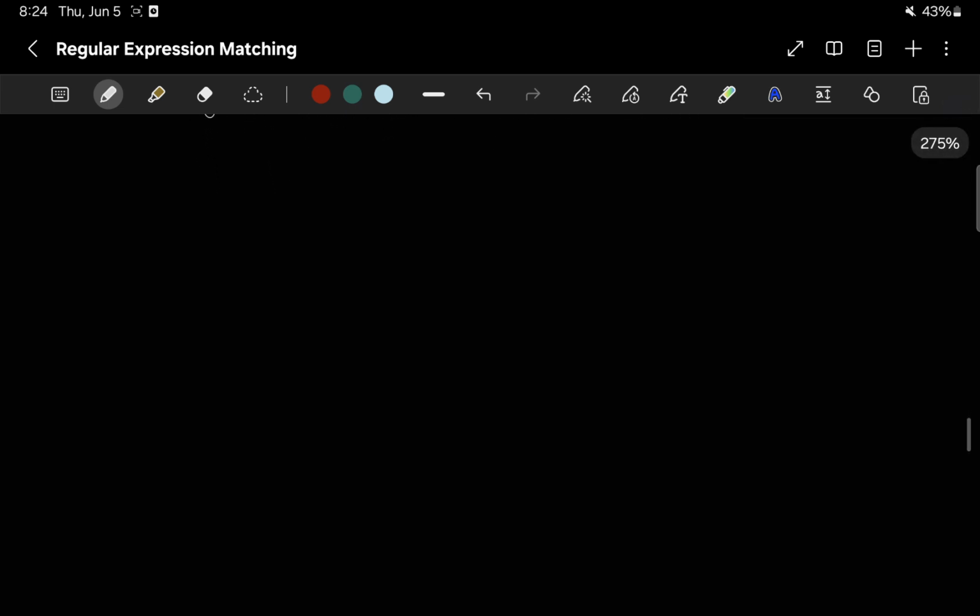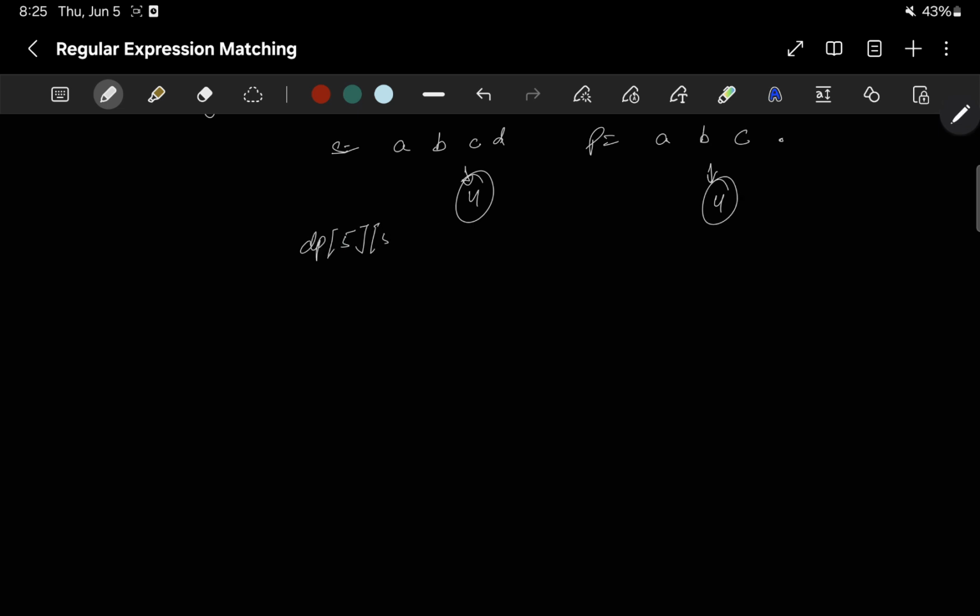So if you see our DP array, let's take an example of S as A, B, C, D, and again P is A, B, C, dot. So size of S is 4, size of P is also 4, right? So we make our DP array of size 5 by 5.